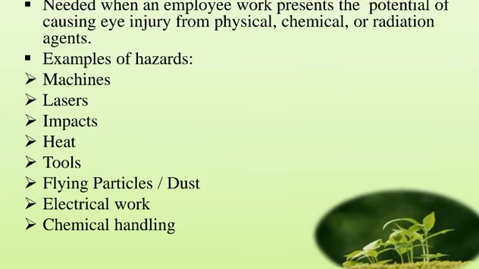First hazard may be from dust or dirt, metal or wood chips resulting from chipping or grinding activities. When we go for chipping or grinding activities, we may get some dust or dirt or metal or wood chips.